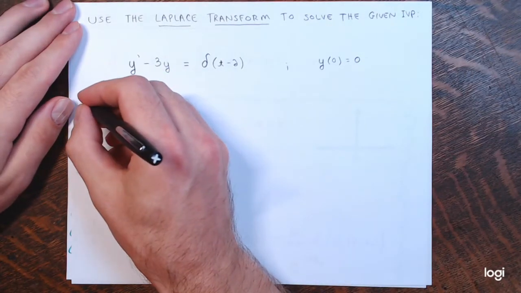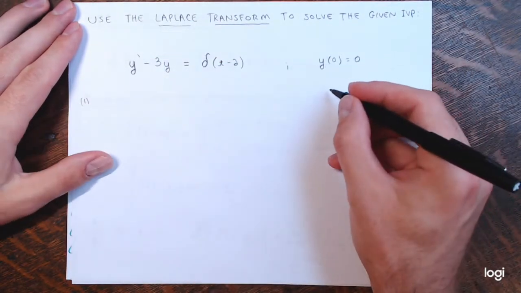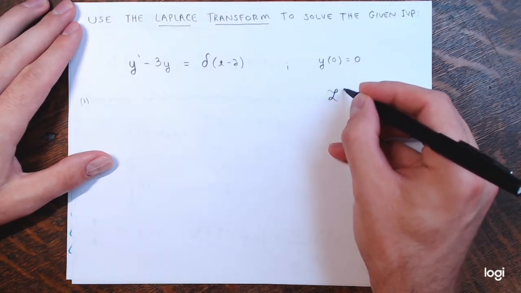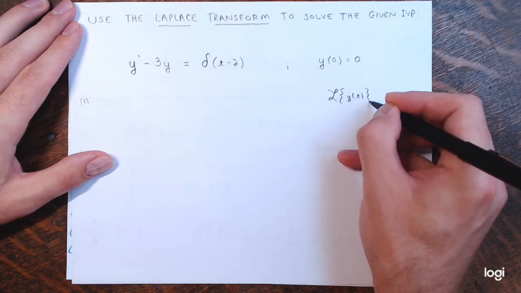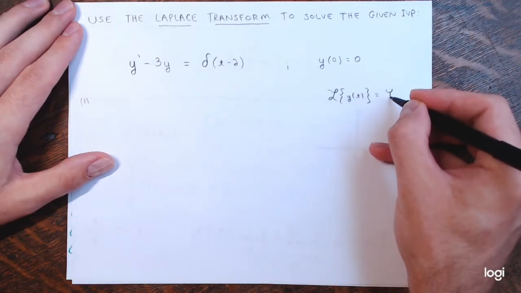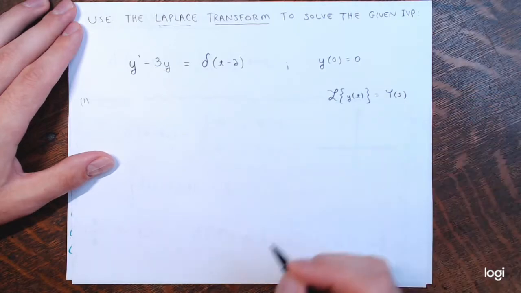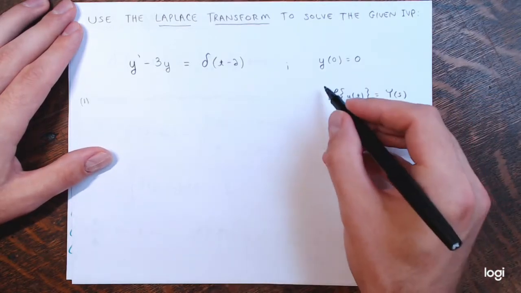So, first step, and off to the side here I'll say we'll let the Laplace transform of little y of t, I'm going to call that capital Y of s. All right, so keep that in mind.